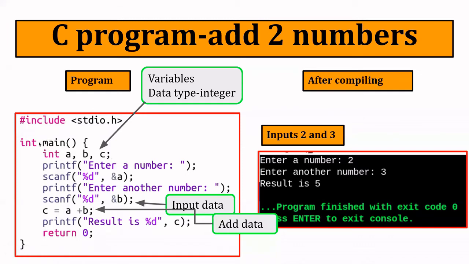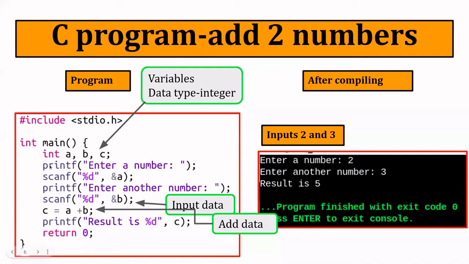You can see the int main. A C program should start with int main and these brackets. This parenthesis sign indicates the start of this block, and the end of this block is here.